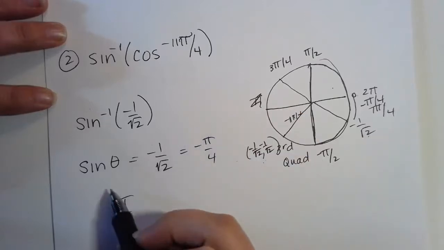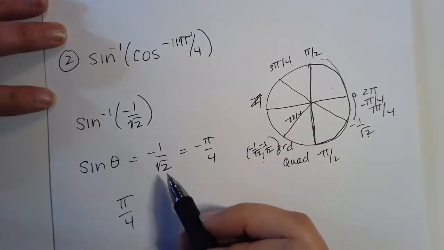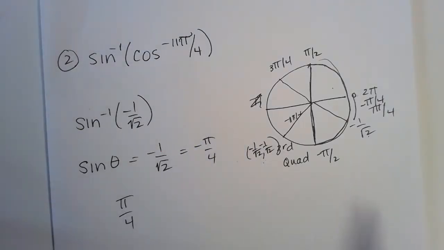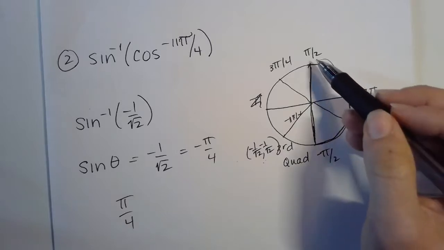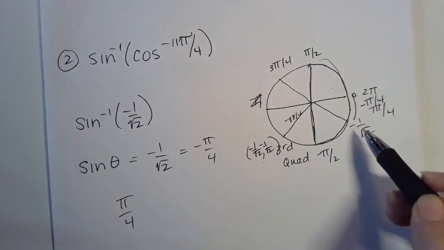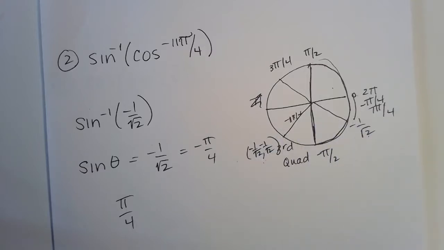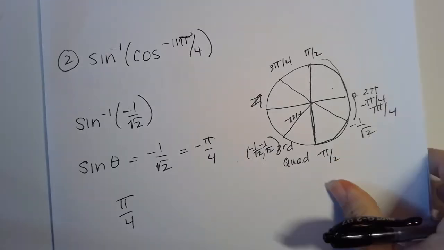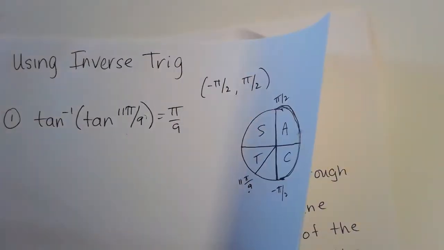So basically I'm looking for the sine value of some angle that's negative 1 over square root of 2, which we know is some version of pi over 4, but it has to be on this side, and it has to be called something between positive pi over 2 and negative pi over 2. And the only one that fits, because it is a function, is negative 1 over the square root of 2. Okay, so let's move on from there.